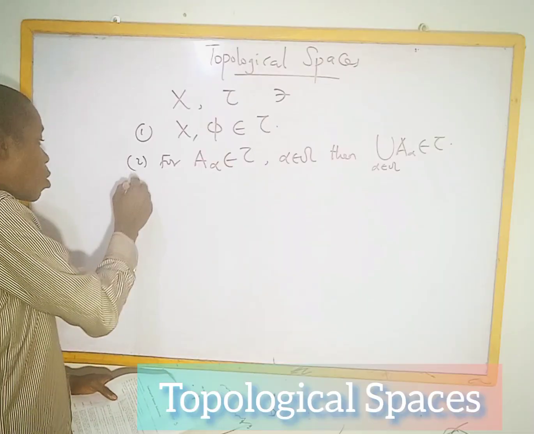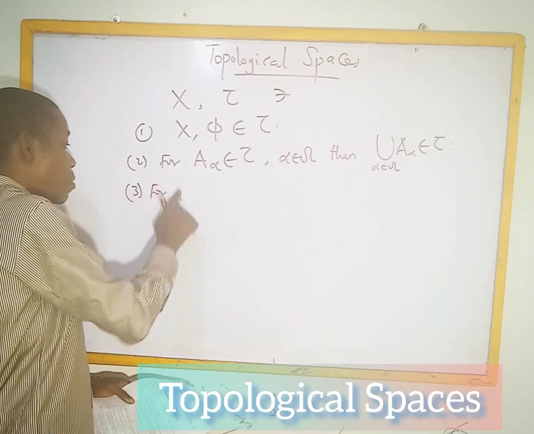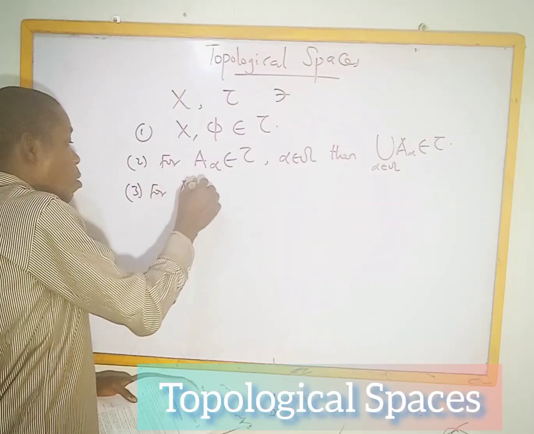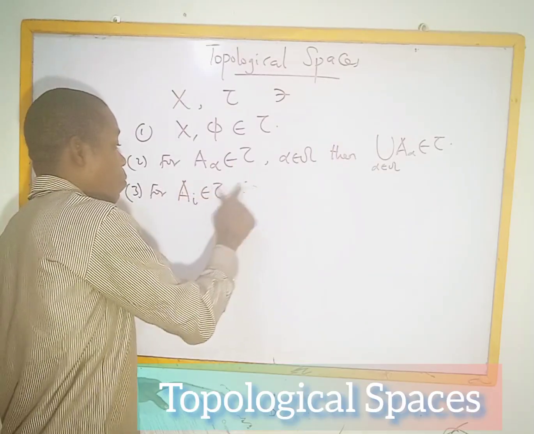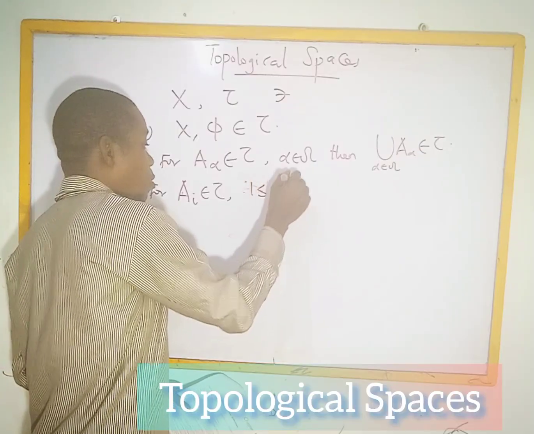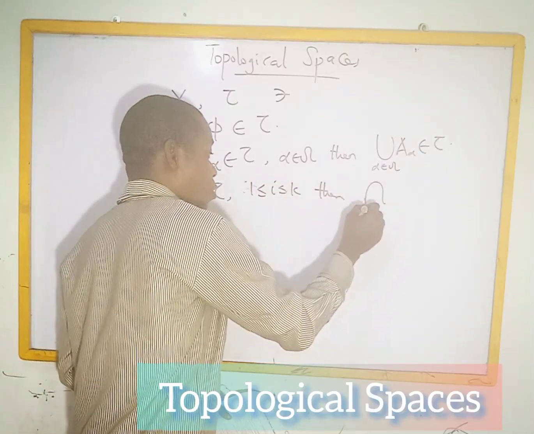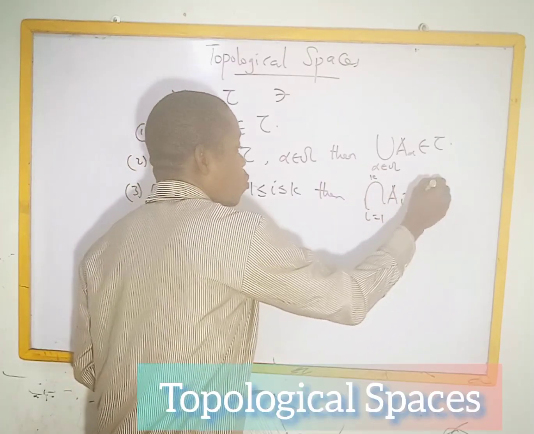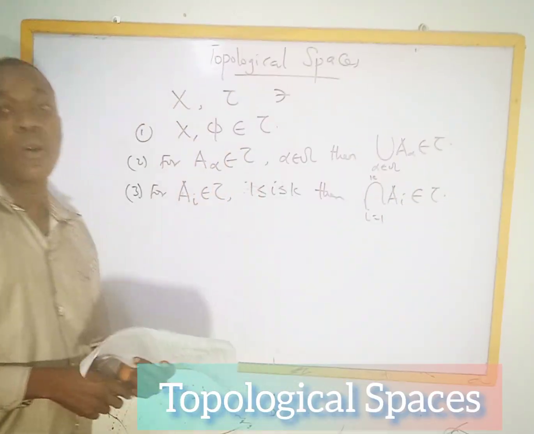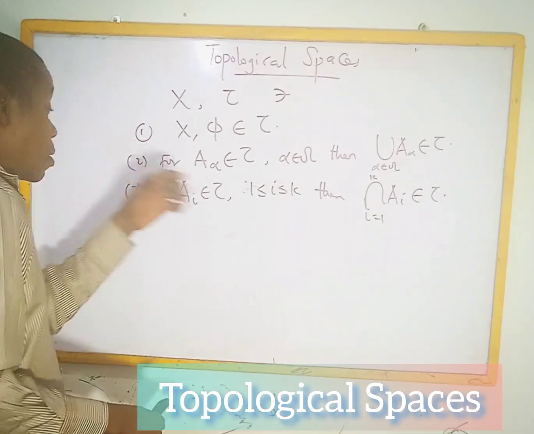The third condition is that for any finite members A i of tau, where i ranges from 1 to k, the finite intersection of the A i, i equals 1 to k, must also be a member of that family.